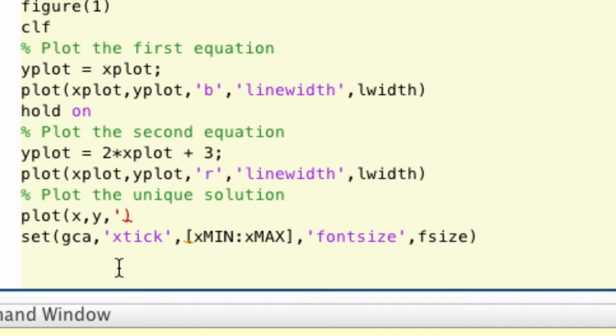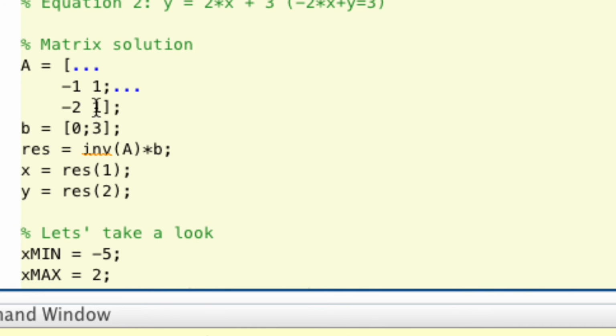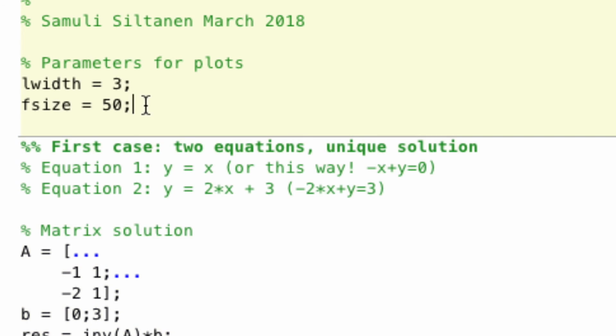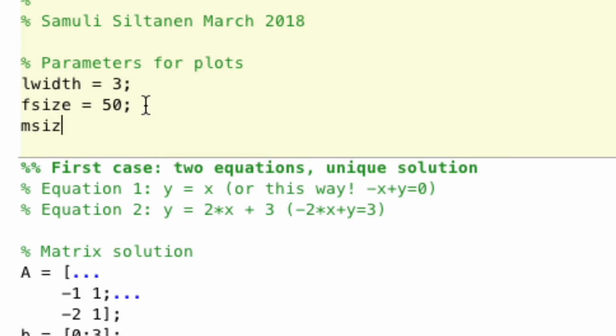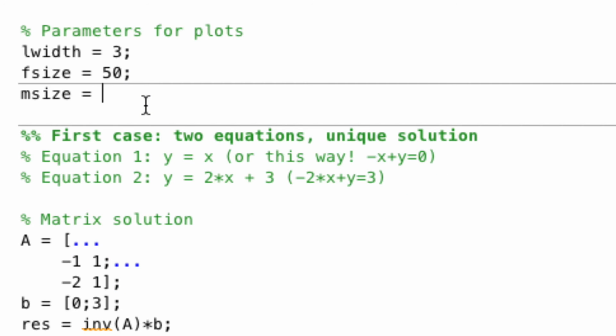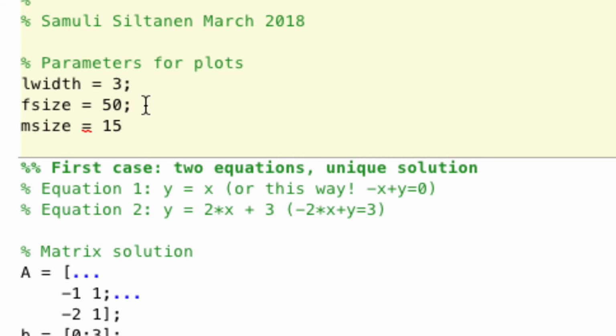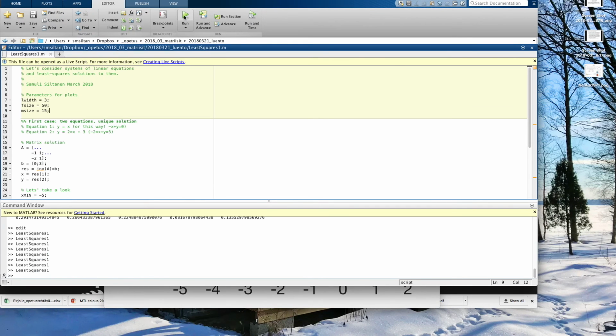So I will plot it as a black point only, and there I will put the marker size to be big enough. So we need to have here something to make the marker big. Let's see what 15 would do for us. Okay, let me plot this and let's see what happens.